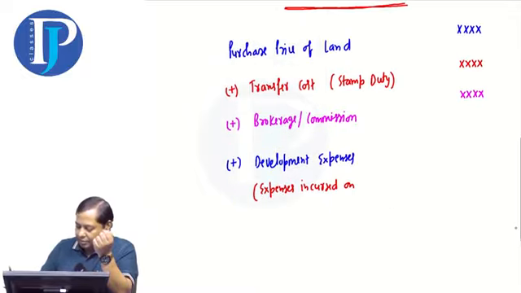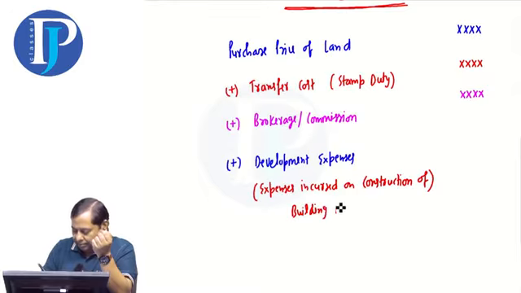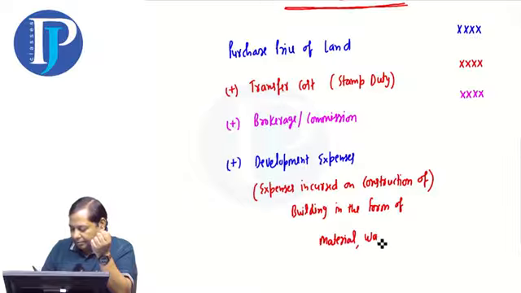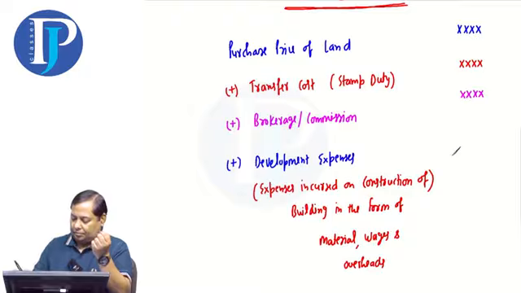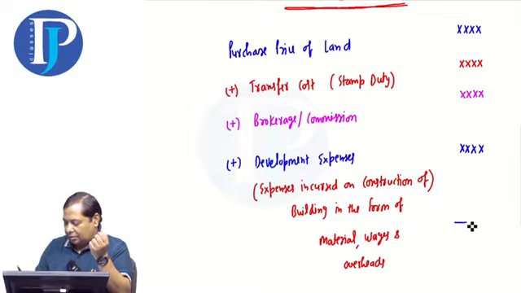Expenses incurred on construction or building, in the form of material and wages and overheads. And this will be the total cost.